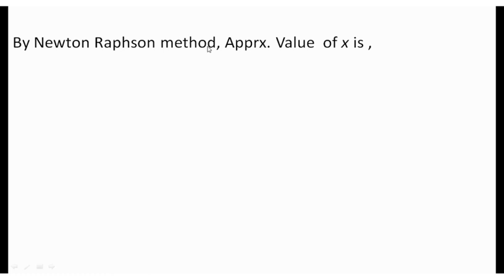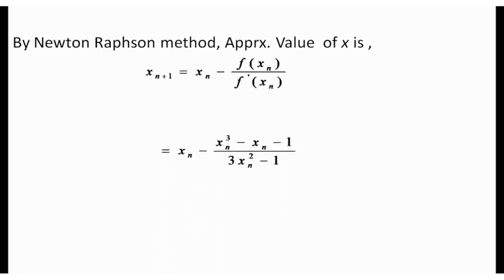So by the Newton-Raphson method, the approximate value of x is given by this formula: xn plus 1 is equal to xn minus f of xn upon f dash xn. This is its own formula. By substituting the values from equation 1, we get xn minus xn cube minus xn minus 1 upon 3xn square minus 1.